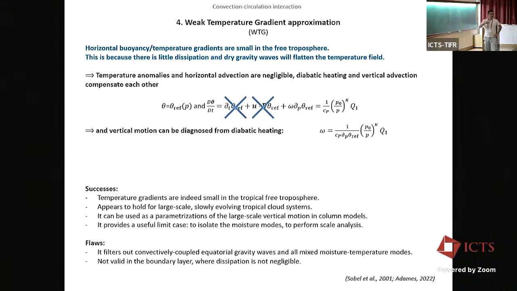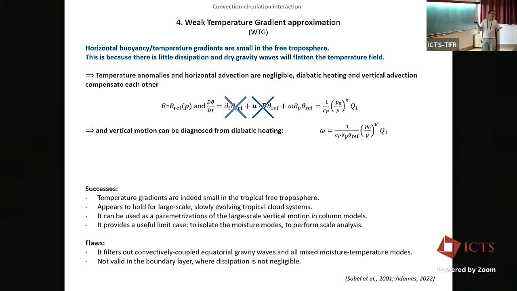And it relates to my question to Gilles earlier. It's valid in a free troposphere. Then what happens in the boundary layer, and where can we stop in the boundary layer? And where we stop actually changes things quite a bit.